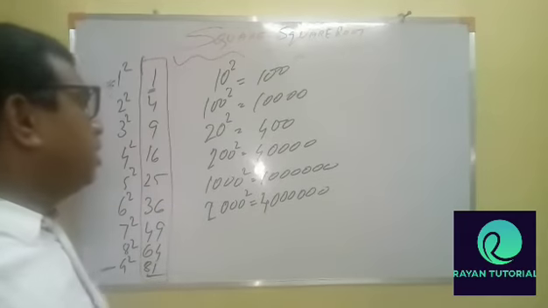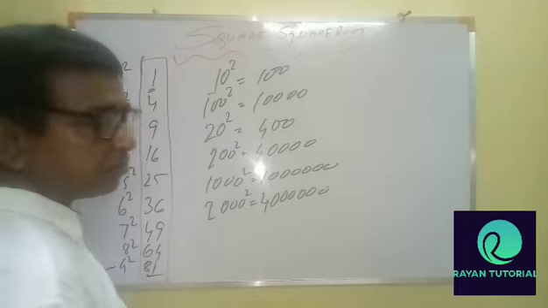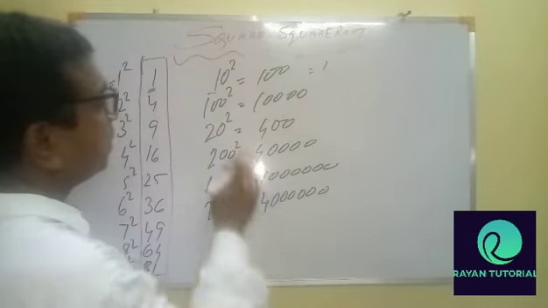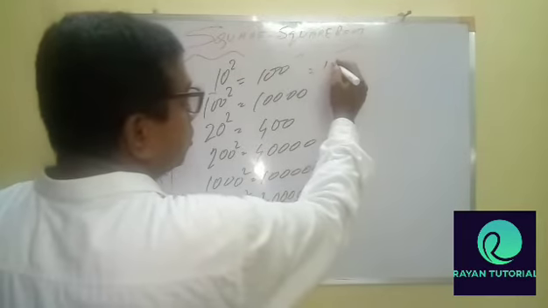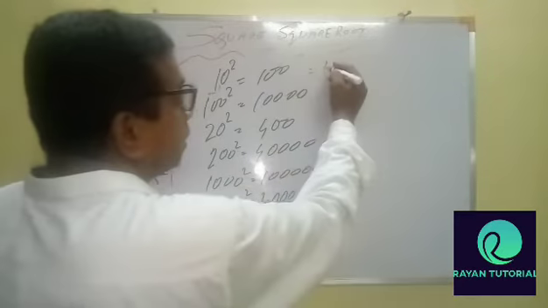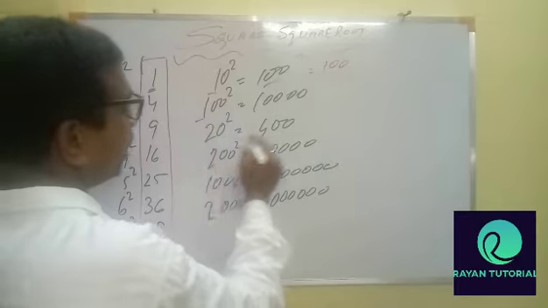How? First, what is the number? 1. You write 1 square. 1 square means 1. Then 0. How many zeros are there? Only 1. If there is 1 zero, it will be doubled. It will be 2 zeros. See, 100. Here 1.